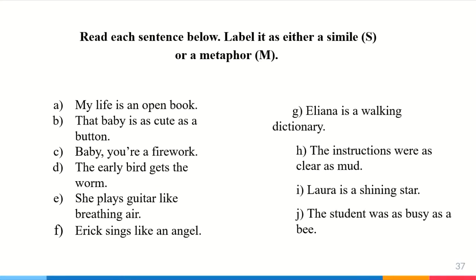E, she plays guitar like breathing air. F, Eric sings like an angel. G, Eliana is a walking dictionary. H, the instructions were as clear as mud. I, Laura is a shining star. J, the student was as busy as a bee. Now I give you 5 minutes and then we're going to check the answers together. So good luck.